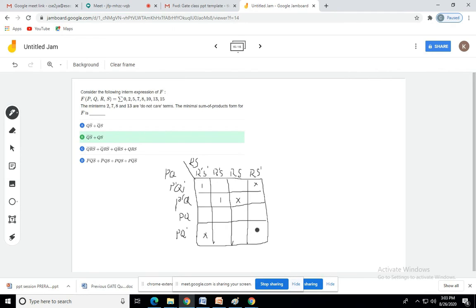Minterm 10 is here. 11 is not there. 12 is not there. 13 is don't care. 14 we don't have. 15 is here. This is the way we have to plot the minterms in the K-map.